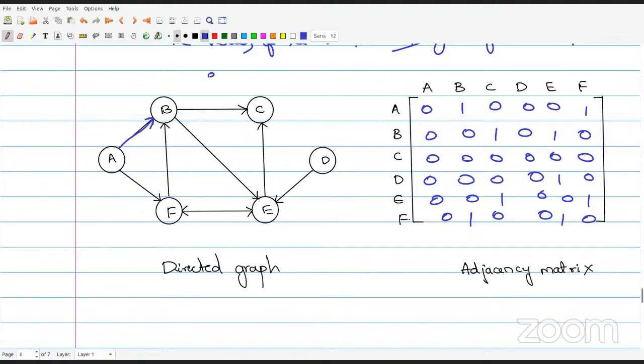You have to see edges from row to column. If there is an edge from A to B, then I have to give 1 here. You see here there is 0 for row B and column A because there is no edge going from B to A. This edge only comes from A to B.